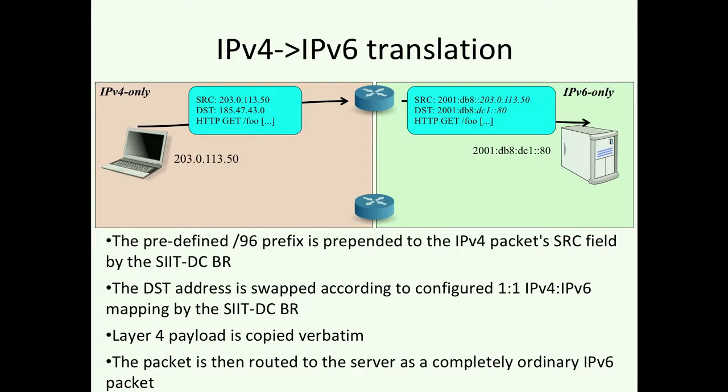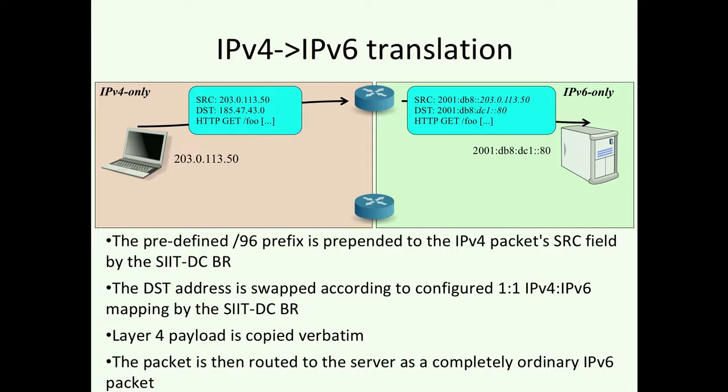And now you have an ordinary v6 packet, which the border relay just drops into the v6 network. And the v6 network will figure out how to actually take that packet to the web server, which is, again, the same way if it's BGP, static routing, OSPF, IS-IS, whatever you prefer, because it's just an IPv6 packet.